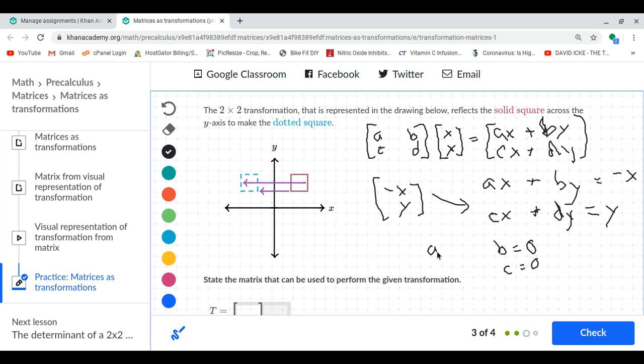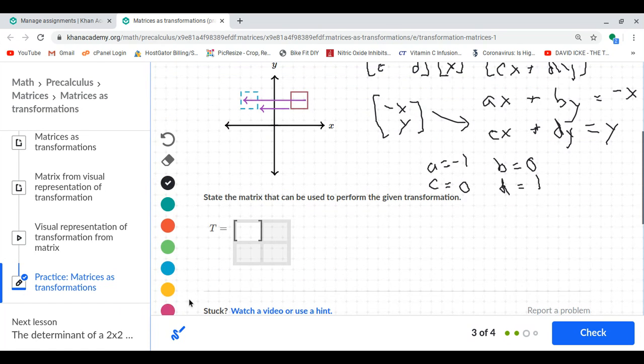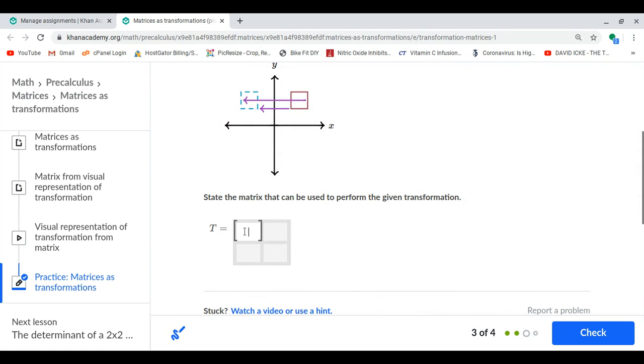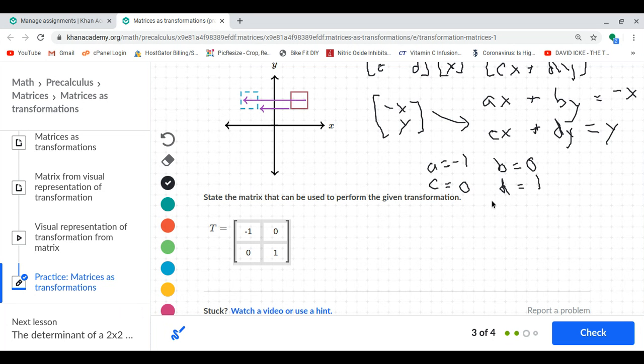And let me move this over here so I have that matrix form. And DY equals y, so D is going to have to be just plain old 1. Okay, so now we've got our matrix, so we can fill it in here. We're going to go -1, 0, 0, 1. Let's make sure. Yep, -1, 0, 0, 1.